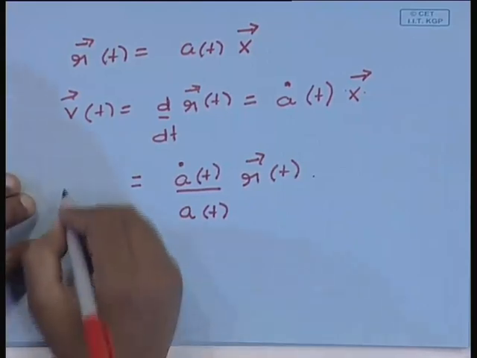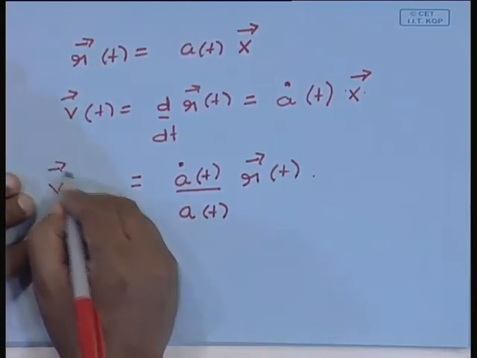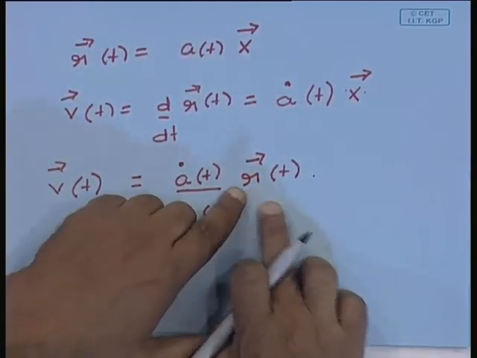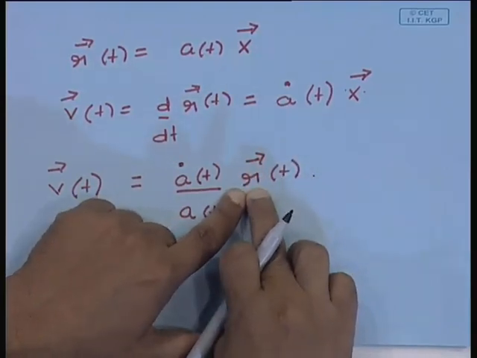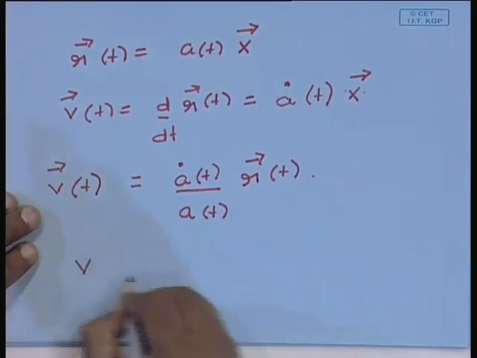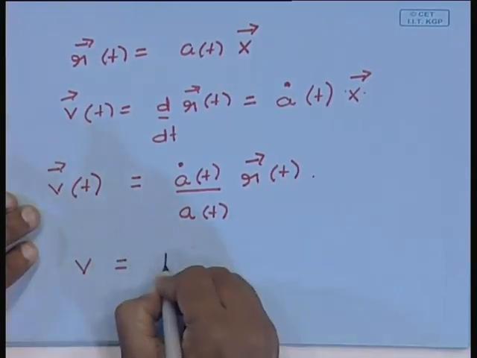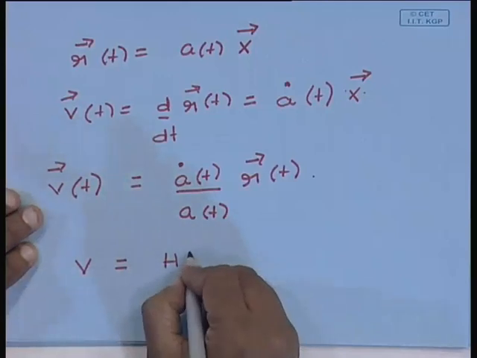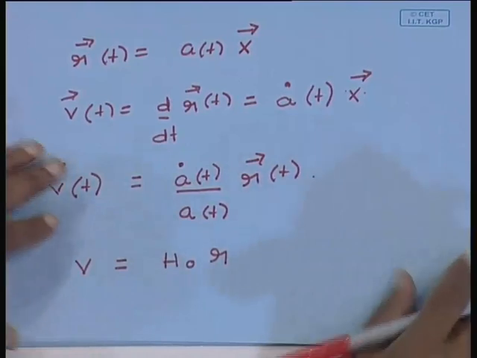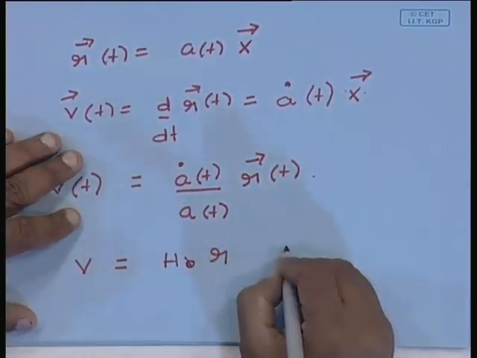So, at any instant of time, the speed with which a galaxy is moving away from an observer sitting at the origin is proportional to the distance of the galaxy. At present, if I apply this, the speed is H0 times r.